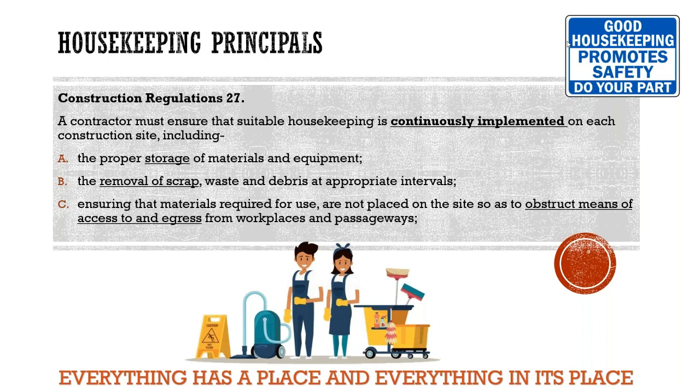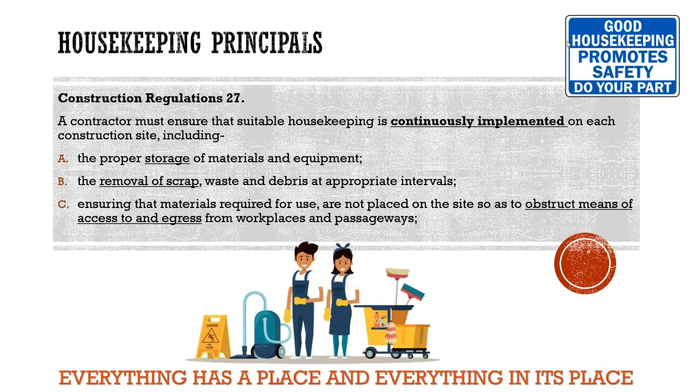Starting with Section 27A of the construction regulations, telling us that the proper storage of materials and equipment must be continuously implemented on a site. And this is to ensure suitable housekeeping. Now, if we think of proper storage of materials and equipment, this means that as housekeeping goes, everything has a place and everything should be in its place.